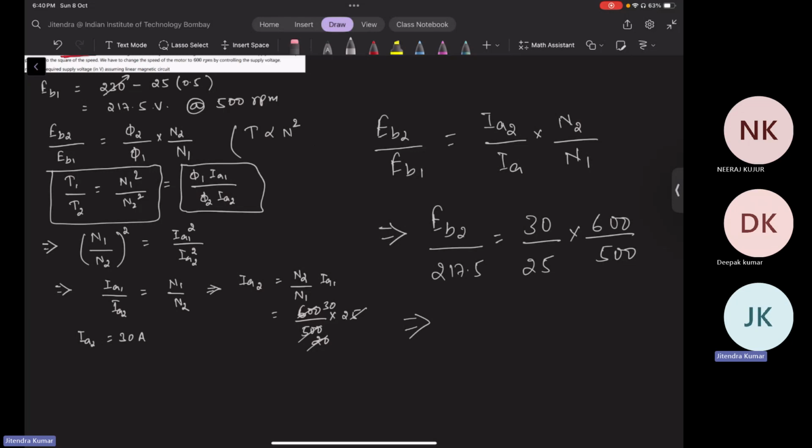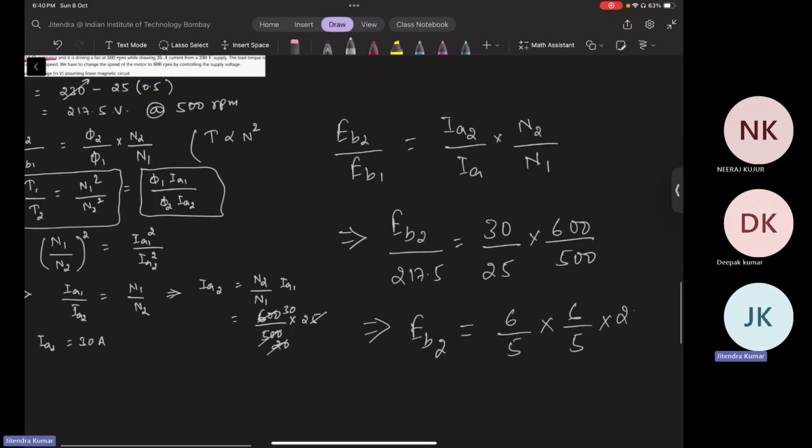Yeah, so now I think EB2 will be the correct value. So how much will it be? 6 by 5 into 6 by 5 into 217.5 is equal to 313.2 volt.